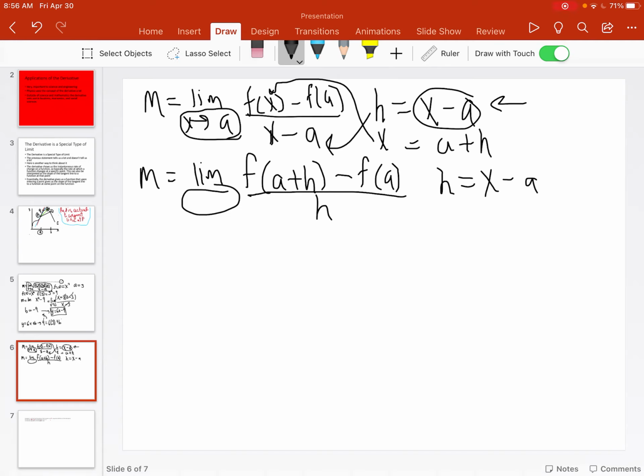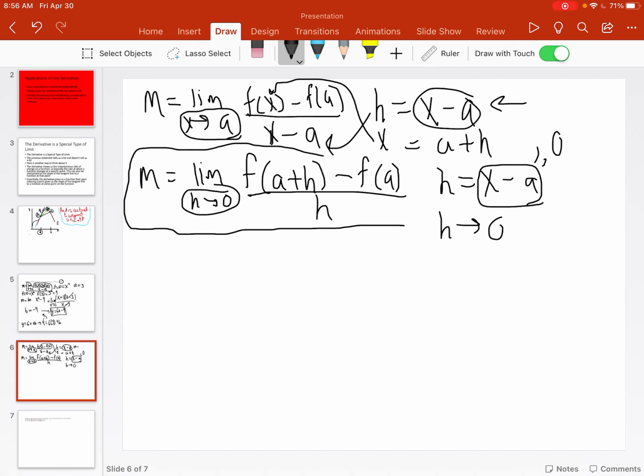As x approaches a, the difference is 0. This expression ends up equaling 0. So as x approaches a, h must approach 0. So our limit here is h approaches 0. Okay, so now we just got a second expression for our derivative.